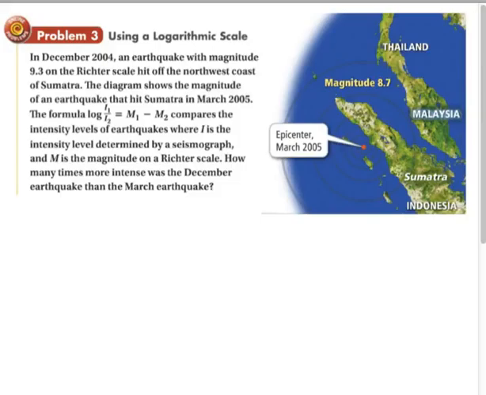In December 2004, an earthquake with magnitude 9.3 on the Richter scale hit off the northwest coast of Sumatra. The diagram shows the magnitude of an earthquake that hit Sumatra in March 2005. That formula compares the intensity levels of the earthquakes, where I is the intensity, with the magnitude on the Richter scale. So we want to know how many times more intense was the December earthquake than the March earthquake.